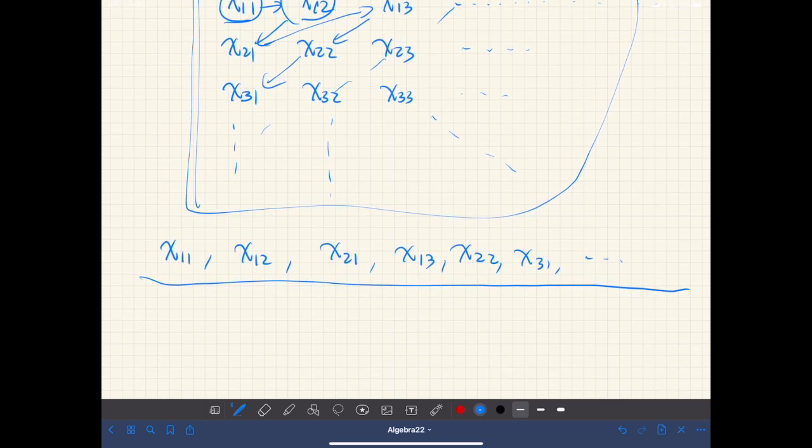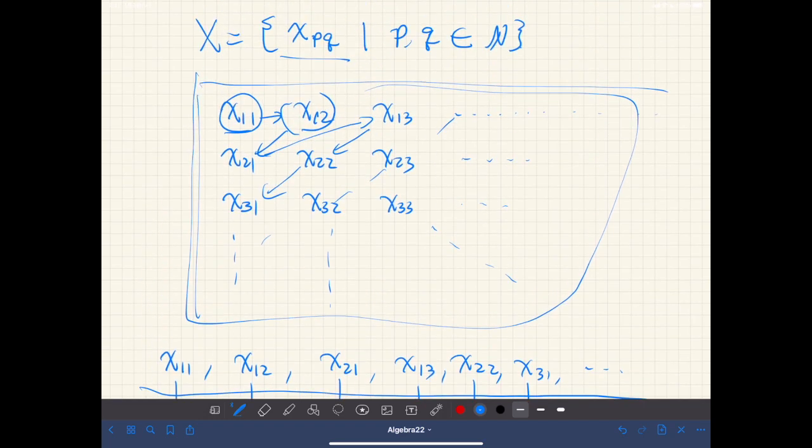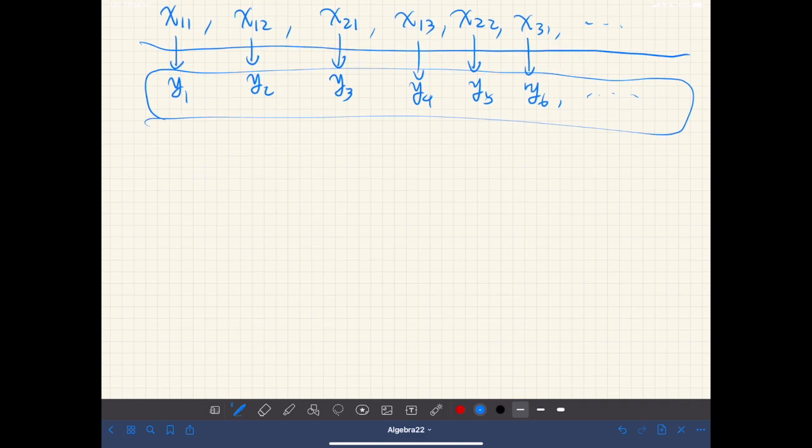Then if we just reindex these elements like y1, y2, y3, and so on, we can see that this two-dimensional array is actually countable.